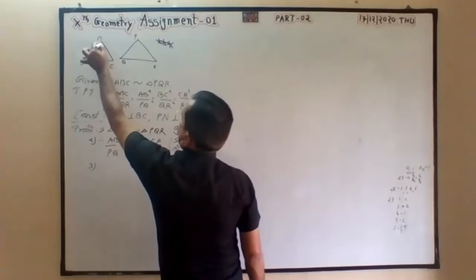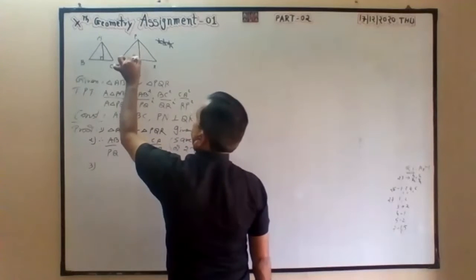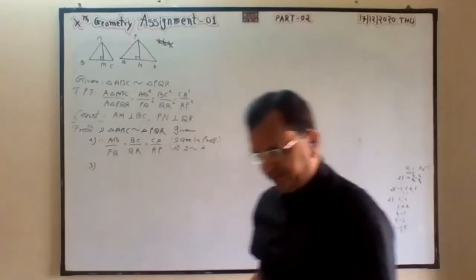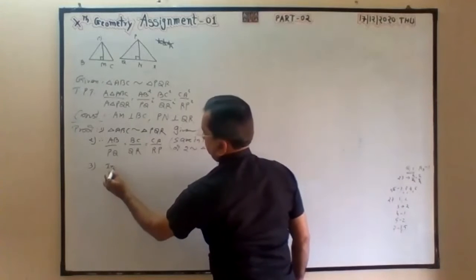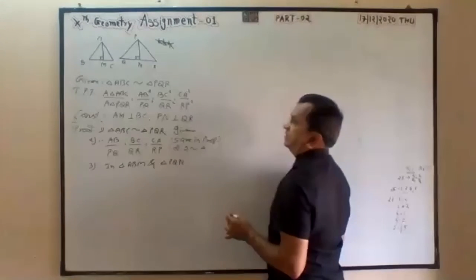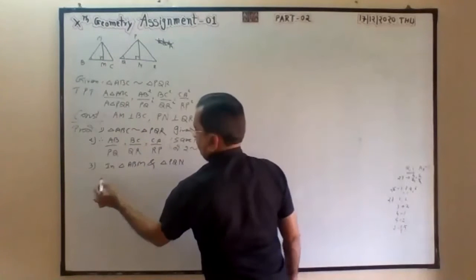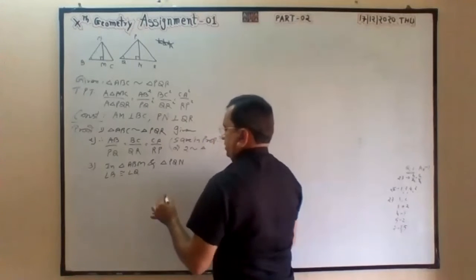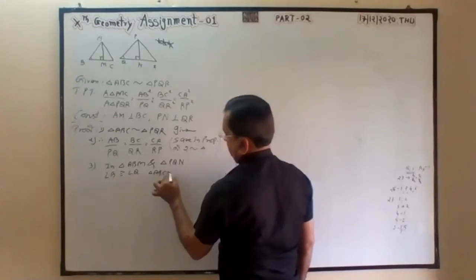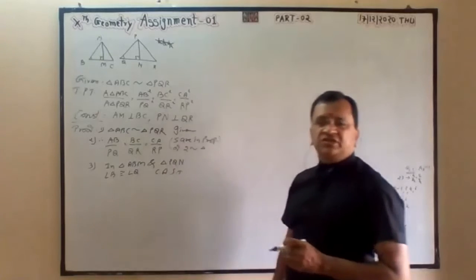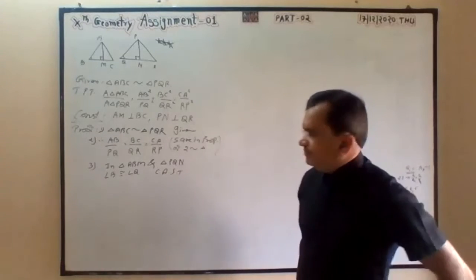Third, now draw this. This is M, this is N. Now in triangle ABM and triangle PQN, angle B and angle Q are congruent, since corresponding angles of similar triangles are congruent (CACT).